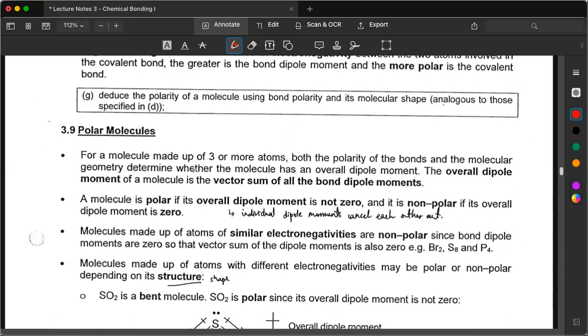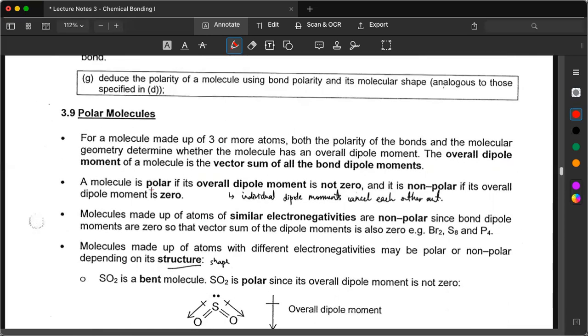The overall dipole moment of the molecule is a vector sum of all the bond dipole moments. So, if the overall dipole moment is not zero, then it is polar. If the overall dipole moment is 0, it is a non-polar molecule.